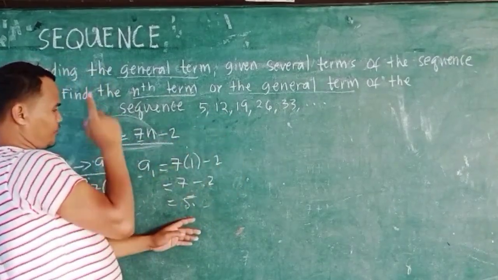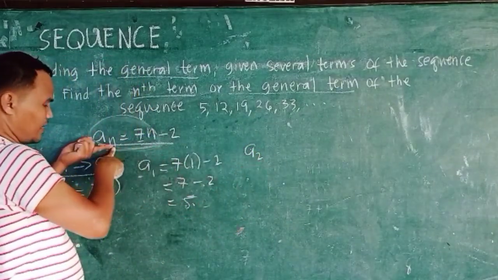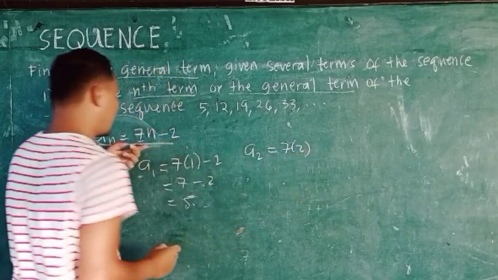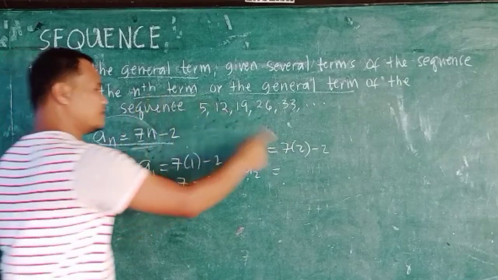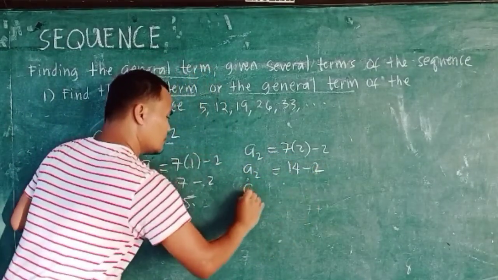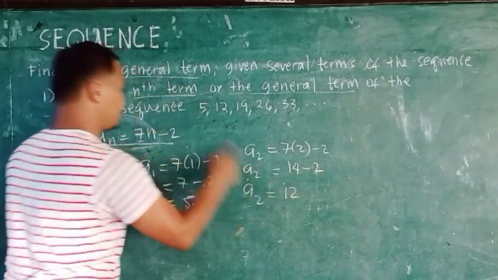So if we find the second term, we have here a sub 2. Iulit na ng n of 2. 7 times 2 minus 2. Copy a sub 2. 7 times 2 is 14, minus 2. A sub 2 is equal to 12, because 14 minus 2 is 12.